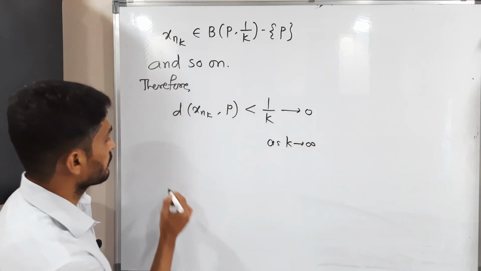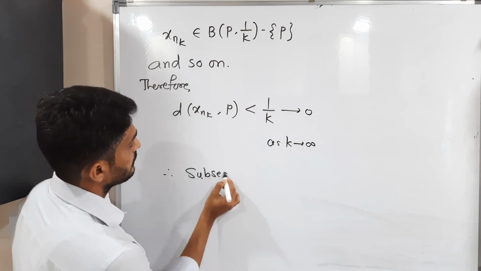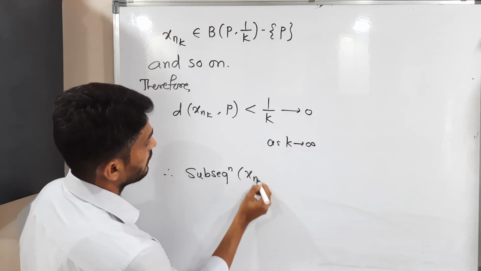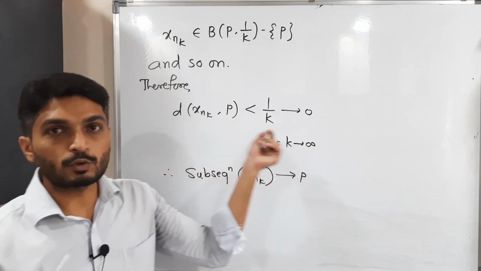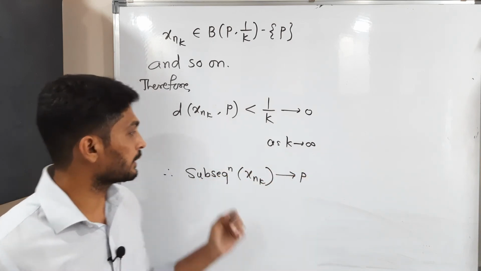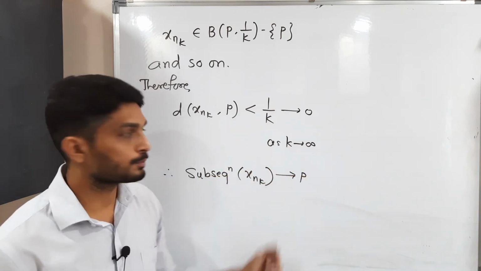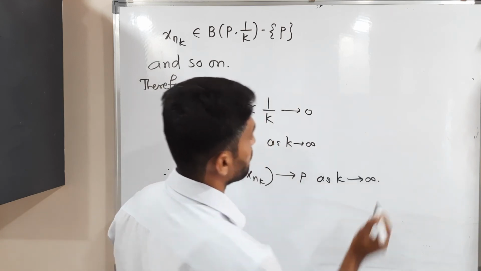So therefore the subsequence xnk converges to P, since the distance between them converges to 0. So that's why these points are moving together, they're coming together. So that's why xnk converges to P as k tends to infinity.